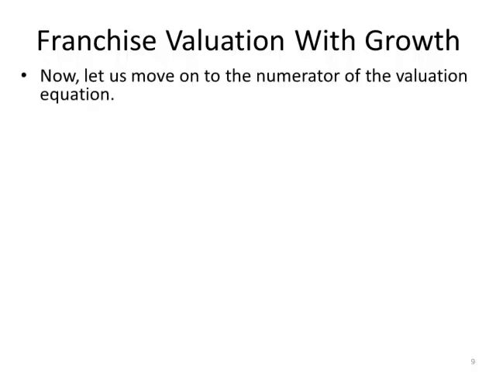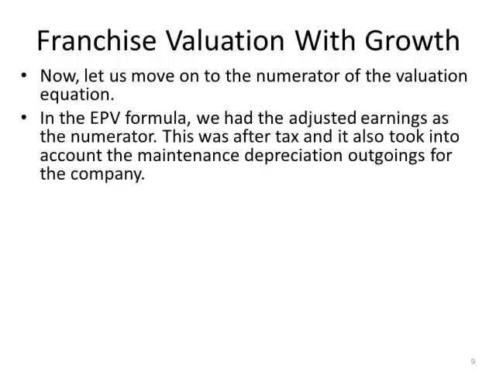So now let's move on to the numerator of the valuation equation. In the EPV formula, we had the adjusted earnings in the numerator. This was after tax and also took into account the maintenance depreciation outgoings for the company.